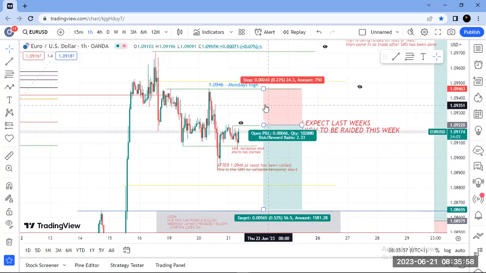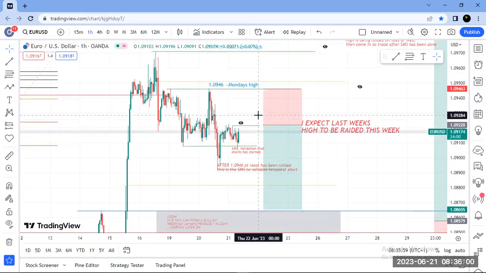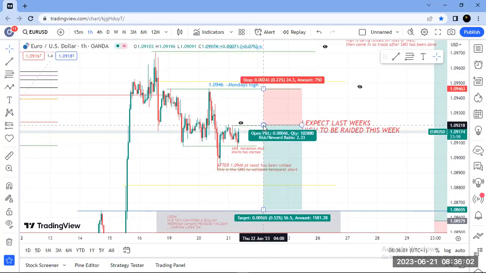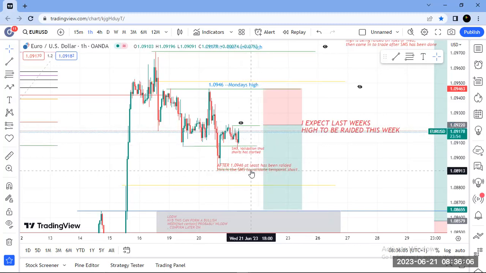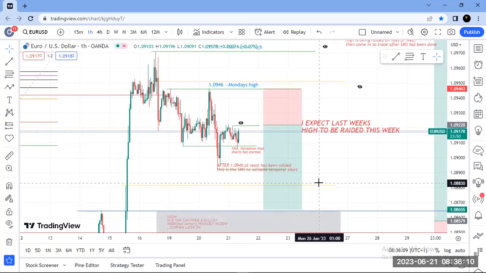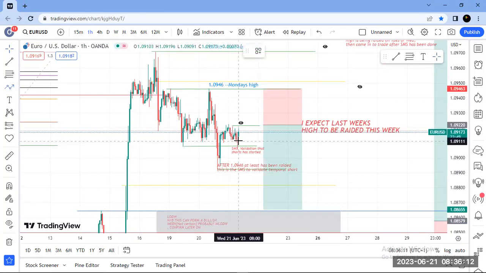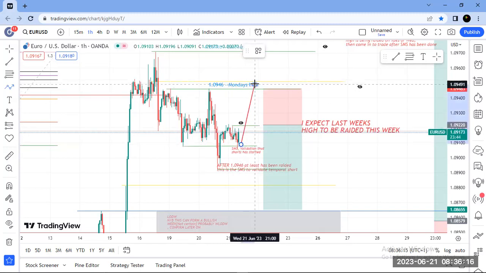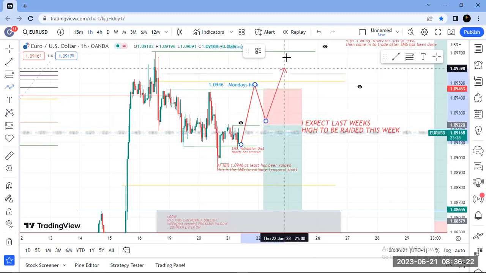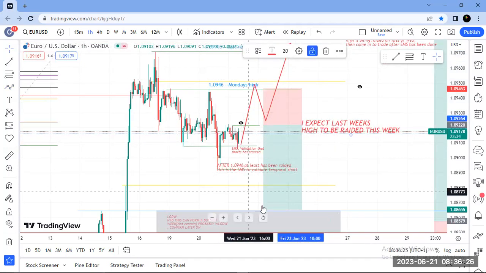So if the market comes, those that want to scalp it, you can take this trade. First of all, you take your partial here, a first partial, then maybe leave it to run here. So if we see this take out that high, what I want to do is that once it comes down like this, you now buy and it goes up. Don't wait for the market to come down again.